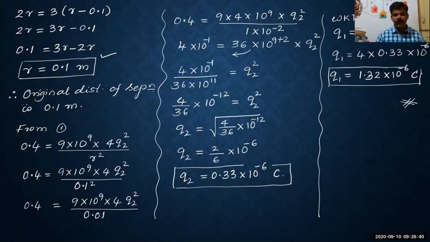Directly, I would have written the steps, but I have written each and every change what I make from one step to another step, so that you people can understand it in an easier way or in a better way. Hope you got this and don't have any doubt.